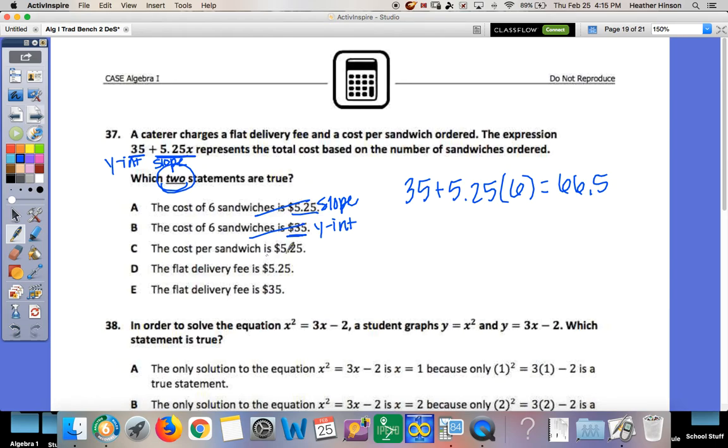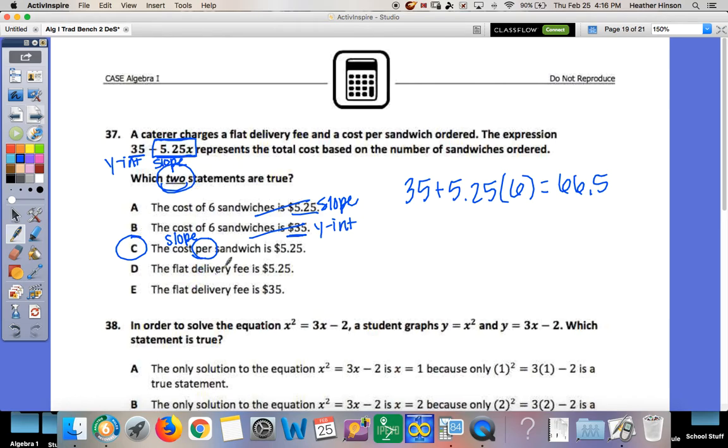The cost per sandwich is $5.25. Per is a special word. I call it a slope word. So that tells us we are looking at slope. Is $5.25 your slope? Yes, that's the one with x. So that is correct. But we have two answers.